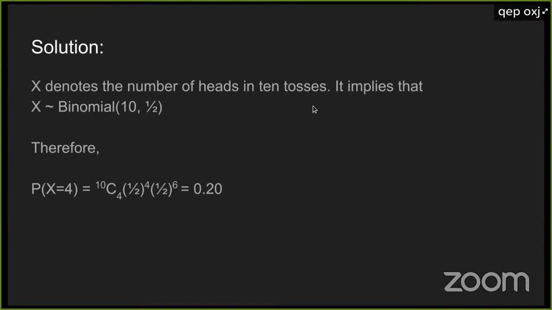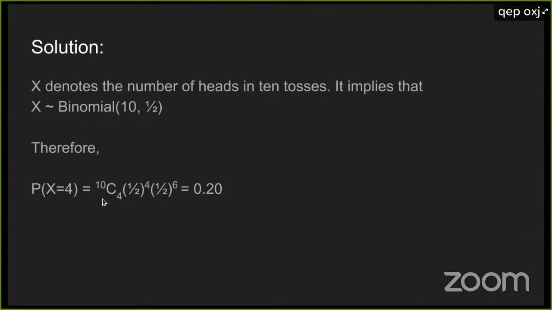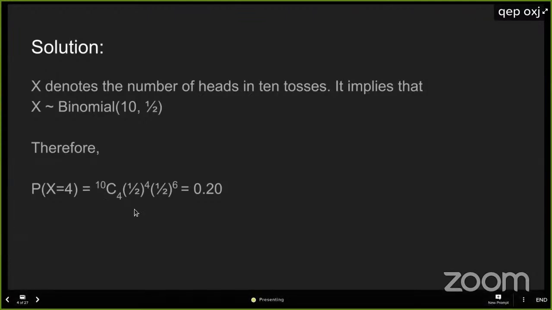So the probability for tail is 1 by 2 to the power 6. So this is nothing but a binomial distribution. Either you can do it like this, or you should know that this is a binomial distribution, and then you can apply the formula nCr p to the power r and (1 minus p) to the power n minus r. Yeah, got it. Thank you.